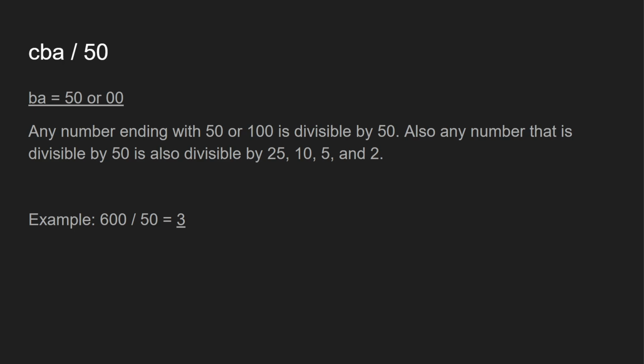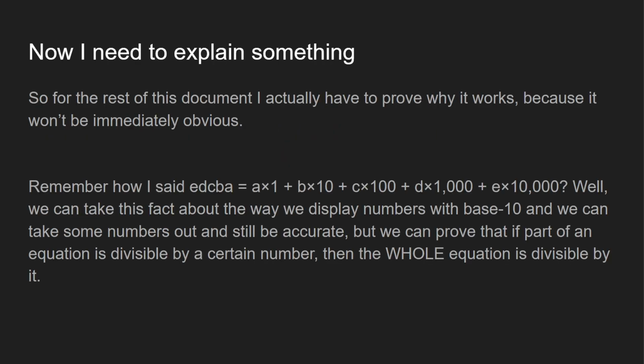Any number divisible by 50 is also divisible by 25, 10, 5, and 2. And of course, some of these numbers are also divisible by 4, but not all of them. And 600 divided by 50 is 12, for example, because the last two digits are 0, so you know that it is divisible by 50.